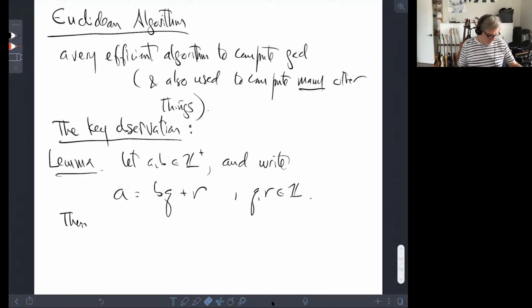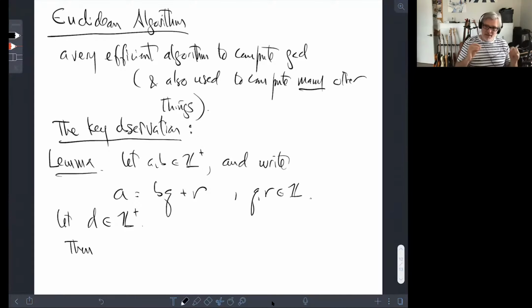Let D be some positive integer. Then here's a claim. I'm making this more complicated than it should be, but okay.